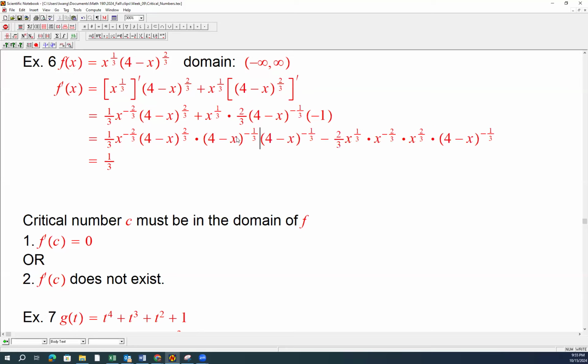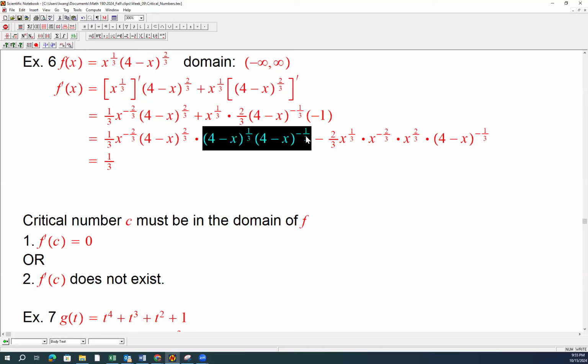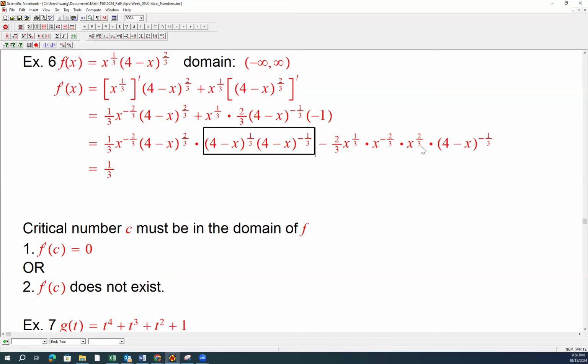You create another 1. The base is 4 minus x, and their powers are opposite to each other: 1/3 plus a negative 1/3 is 0. So 4 minus x to the power 0 is 1. So these two pieces are the additional ones we put in there.